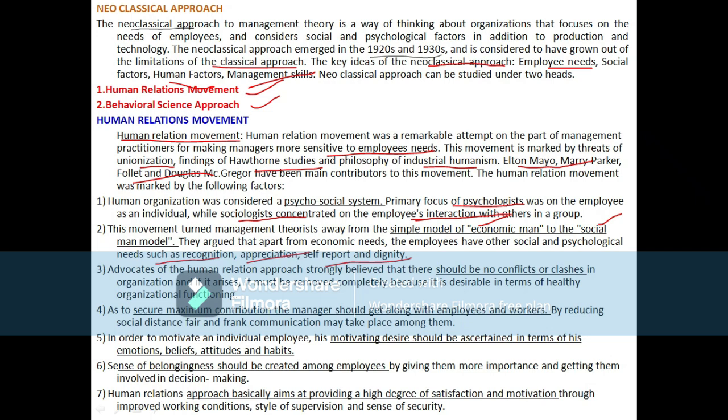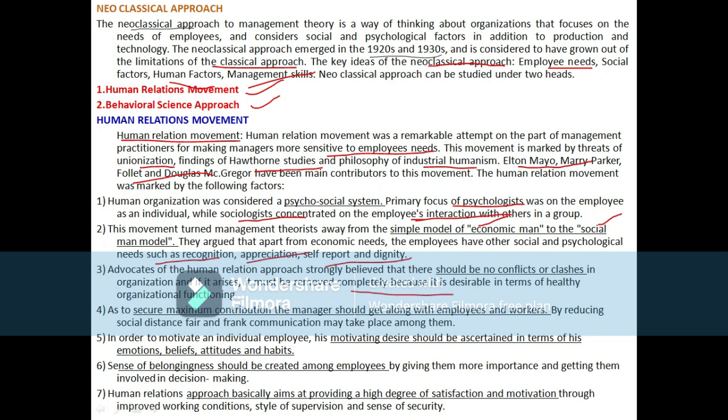And coming to the third aspect under the human relations approach, they strongly believe that there should be no conflicts or clashes in the organization. If at all any arise, they must be removed completely, because it is desirable for healthy organizational functioning. Definitely, if a group of people are working in an organization, some disturbances, conflicts or clashes between groups or individuals may arise.